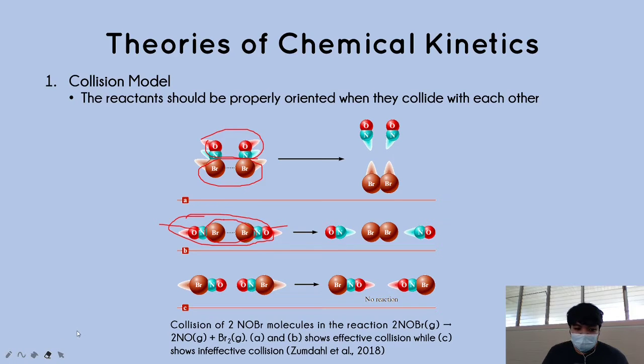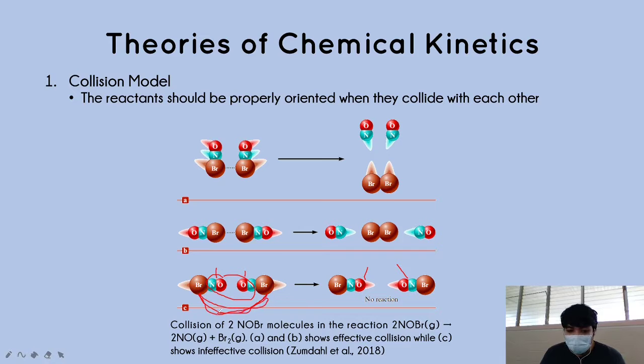Now, if you look at part C here, the nitrosyl parts are the ones that collided with each other. Since the product is nitric oxide, you just need this one to detach, but collision alone does not enable them to detach from the molecule, because at the same instance when the molecules collide, they should also attach with each other here, since this one will detach away from the molecule.